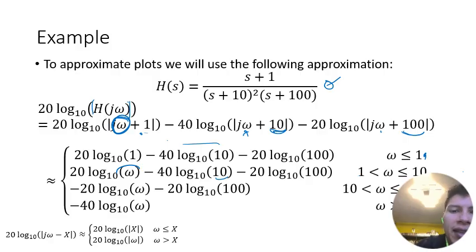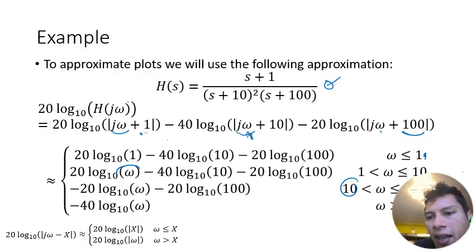Now, in the next range, from 10 to 100, this omega is still bigger, because it is bigger than 10. Now it goes from 10 to 100, and the 100 is still the bigger one. So now you have omega.